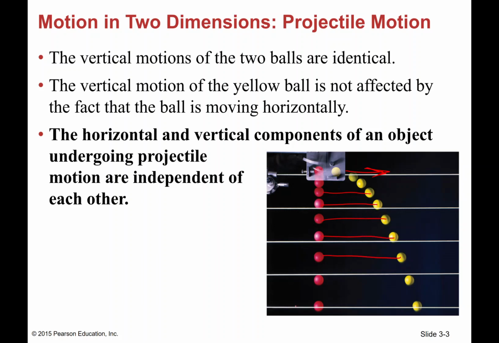So the motion here in the vertical direction, in the y-axis, is free fall motion. This thing is free falling in the y-axis, and it is moving with a constant speed in the horizontal axis. So that's the key to understanding projectile motion, that you have these two motions.